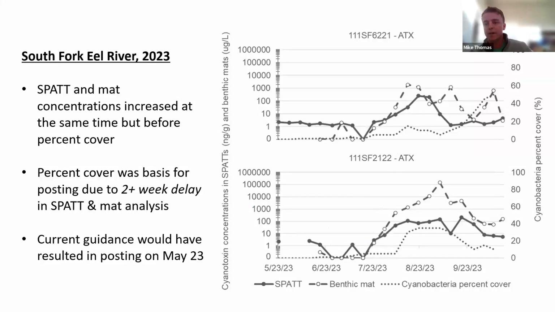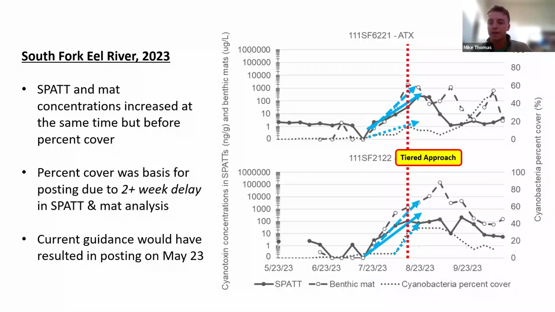So still in the South Fork Eel River, however, now we are in 2023, where we are using the interim guidance. Looking at anatoxins, we again see an increase in concentrations in spats, as well as benthic mats, prior to increases in that cyanobacteria percent cover. However, in this scenario, we were receiving spat and mat results on about a 2-week delay. So the basis for our posting was the large increase in cyanobacteria percent cover in mid-August.